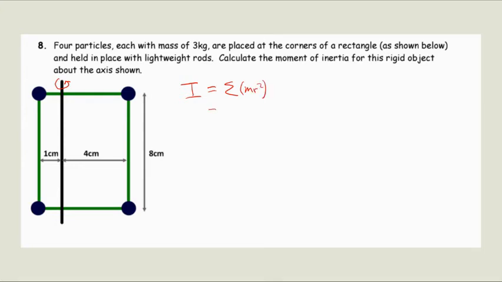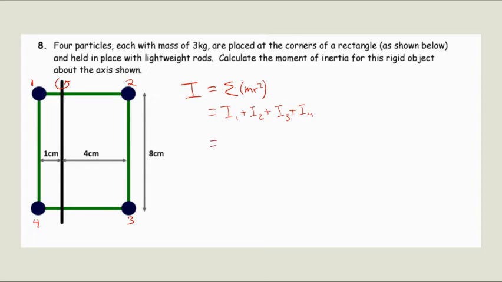So that's going to be equal to I1 plus I2 plus I3 plus I4, because we have four different masses: mass 1, mass 2, mass 3, and mass 4.